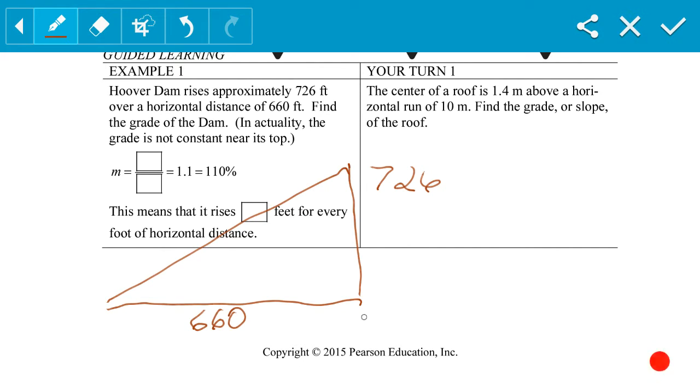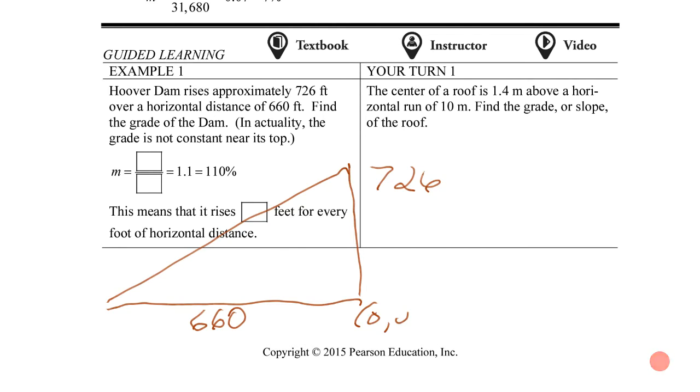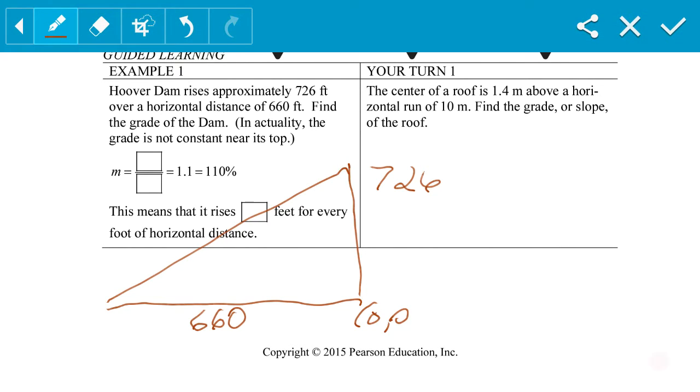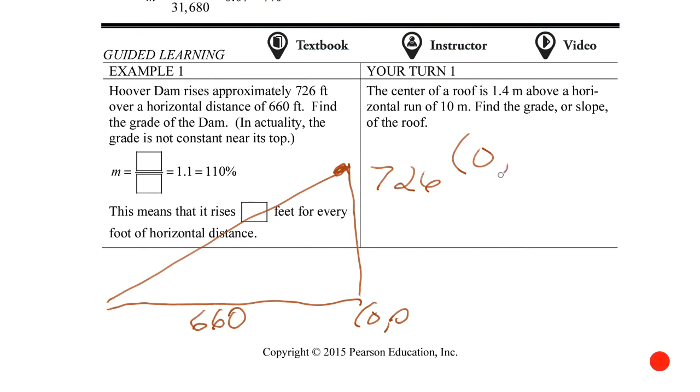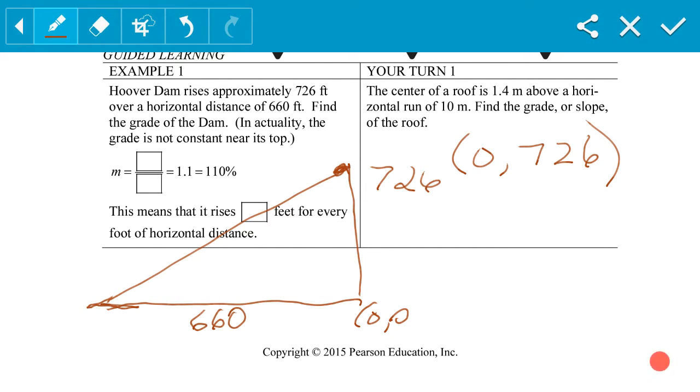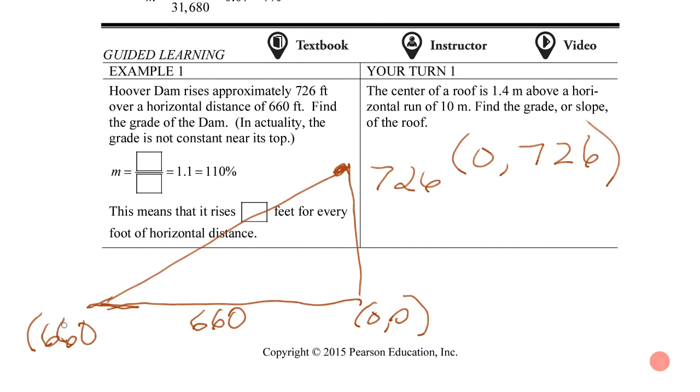If we treat this as 0, 0, then this point here would be x equals 0, y equals 726. And this point here, we're just going to treat it as positive. I could have drawn it the other way, but slopes of hills or dams or anything physical are always positive. So here we're going to have x equals 660 and y equals 0.